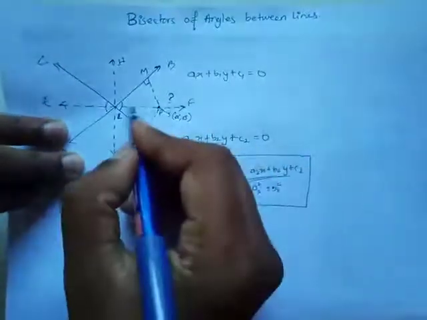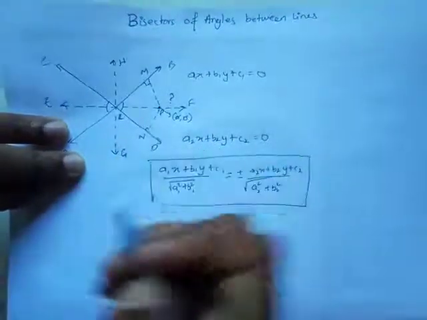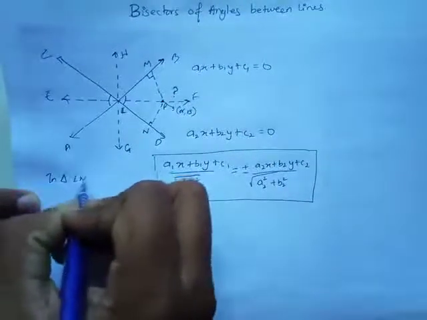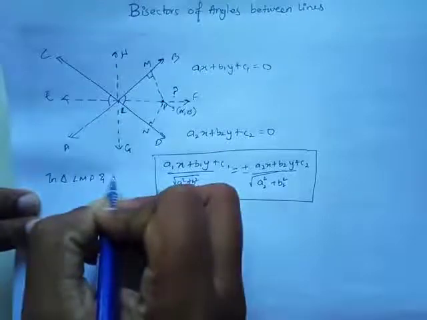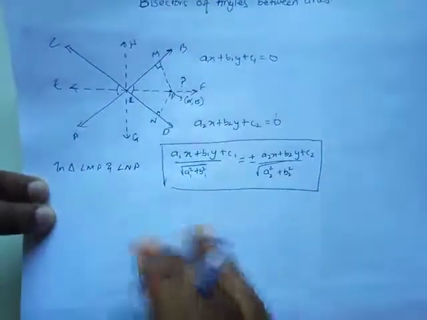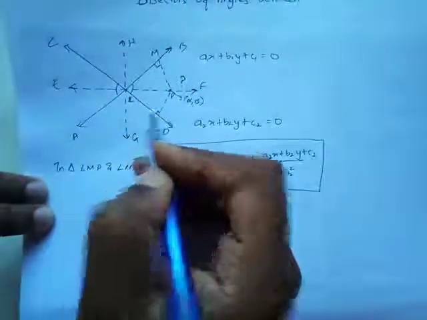Now first we'll look at both of these triangles. I'm just going to write it for you. In triangles LMP and LNP, I need to prove that both of them are congruent. Can I prove that? Class 7th level.